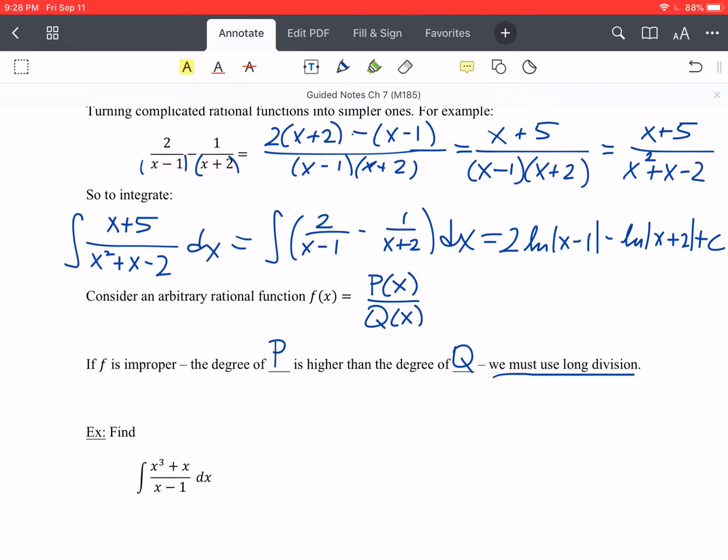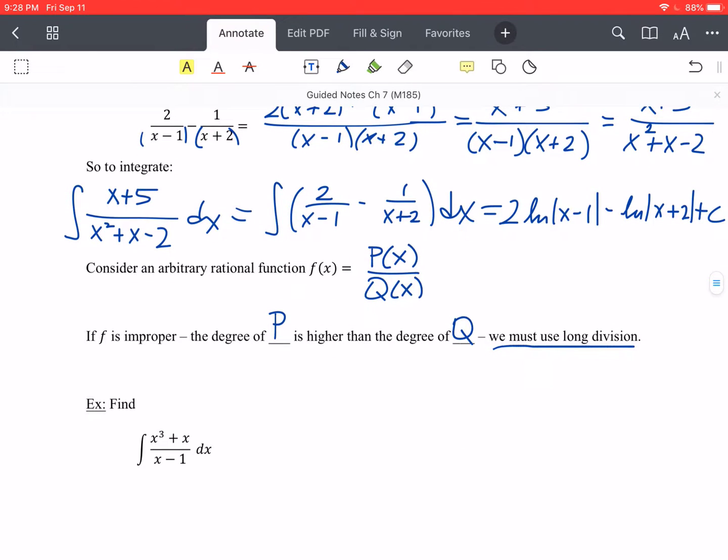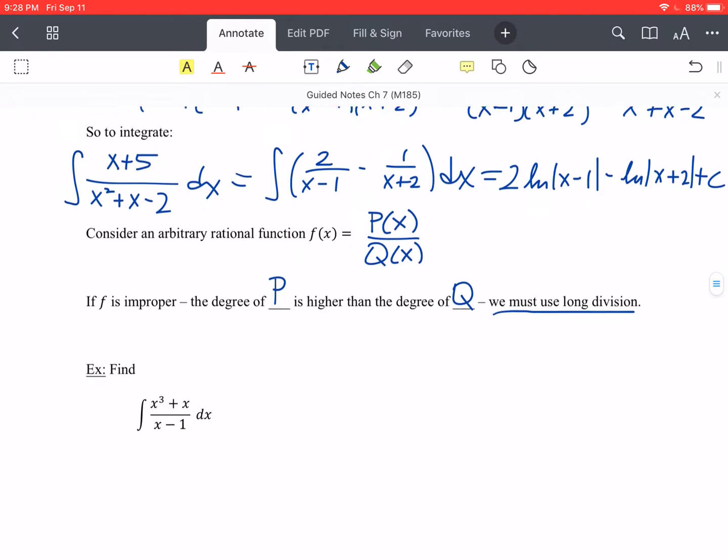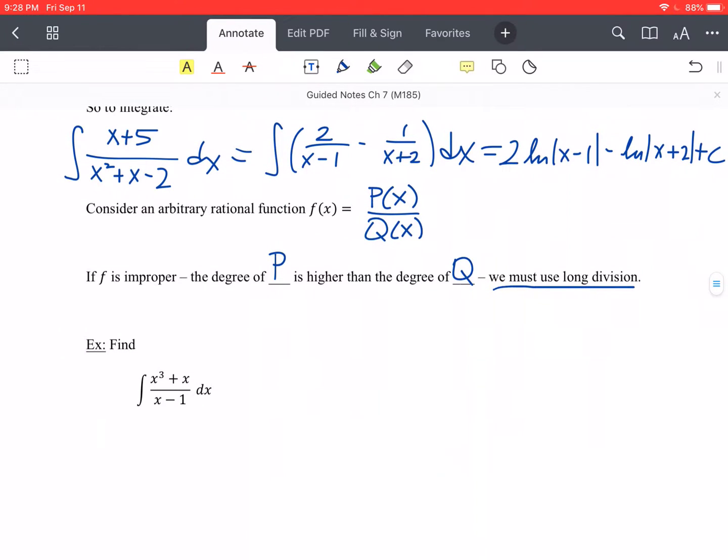So when you're solving these types of problems, we first need to check whether or not the degree of the numerator is higher. If the numerator has a higher power, we need to use long division until it doesn't, basically. And that's going to then allow us to apply this type of method and then integrate.